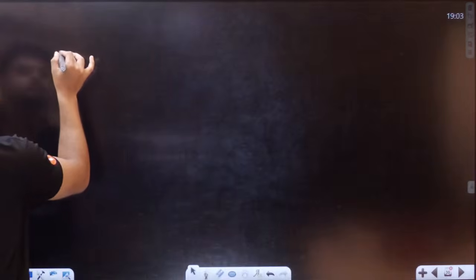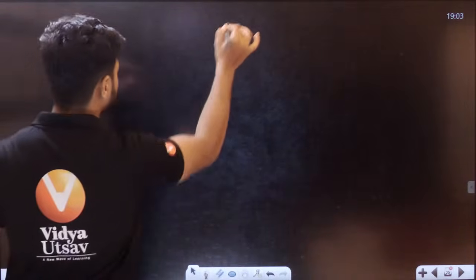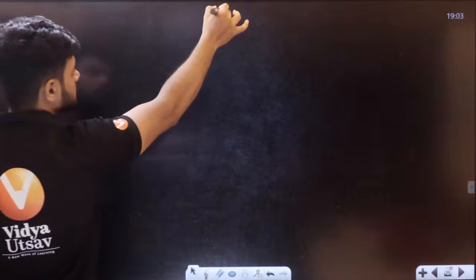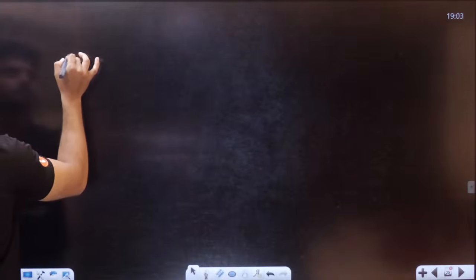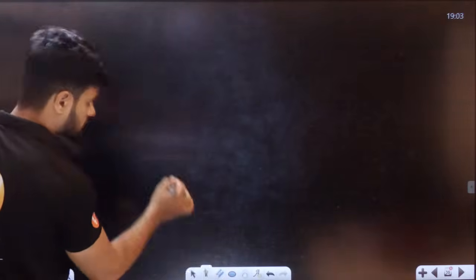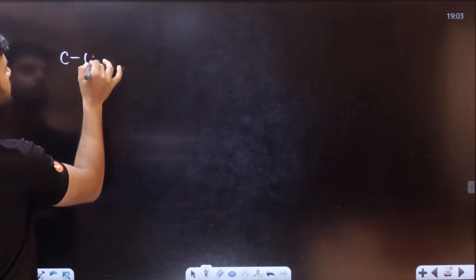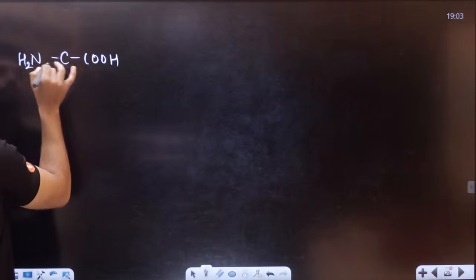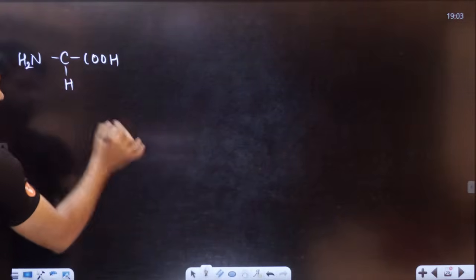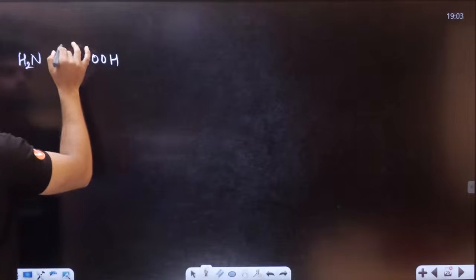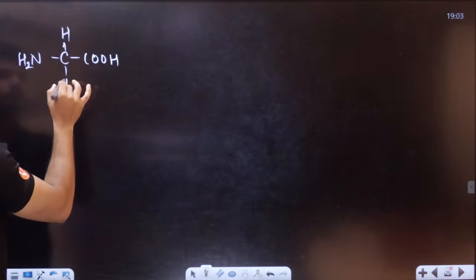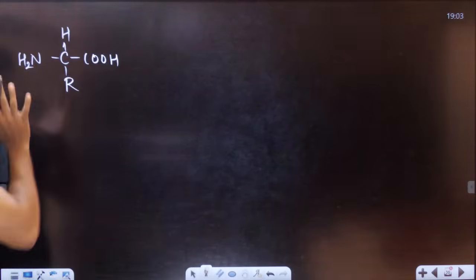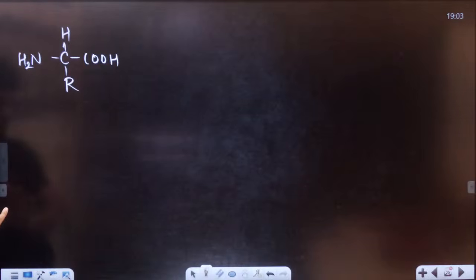This is an amino acid. Now this is a normal amino acid.